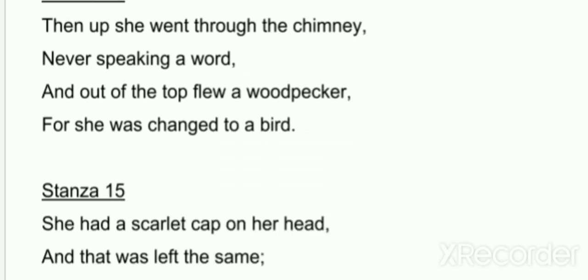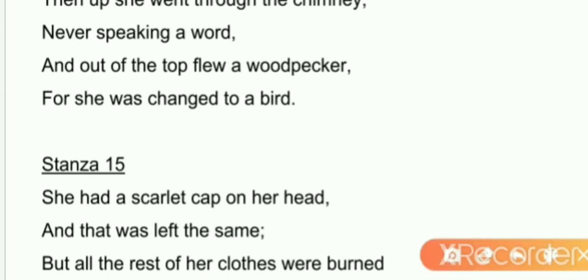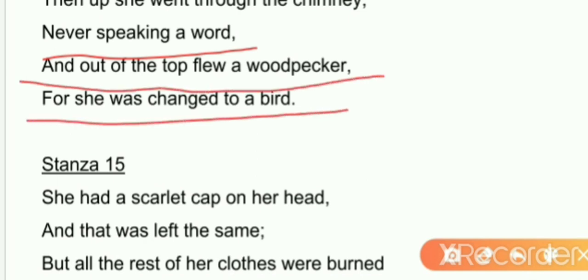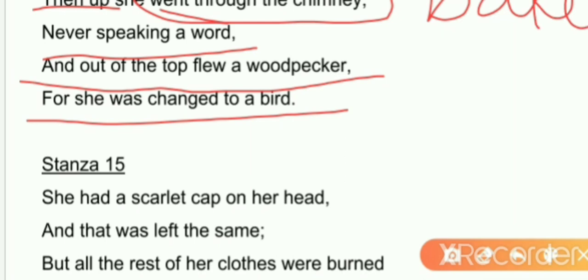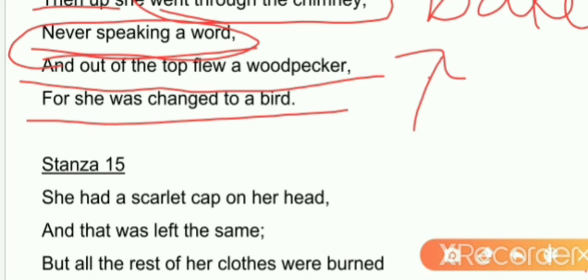Next stanza. Then up she went through the chimney, never speaking a word, and out of the top flew a woodpecker, for she was changed to a bird. उसके बाद जब सेंट पीटर उसको कर्स करते हैं, शी वेंट थ्रू द चिमनी, जो उसके घर की चिमनी थी जहाँ पे वो केक्स को बेक कर रही थी, उस चिमनी के रास्ते ऊपर जाती है. नेवर स्पीकिंग अ वर्ड एंड शी नेवर अटर्ड अ वर्ड. उसने एक भी शब्द नहीं बोला. एंड आउट ऑफ द टॉप फ्लू अ वुडपेकर. और जब टॉप में चिमनी से बाहर निकलती हैं तो वहां पे वो एक क्या बन जाती हैं? वुडपेकर. फॉर शी चेंज टू अ बर्ड बिकॉज she was changed into a bird by the curse of Saint Peter.